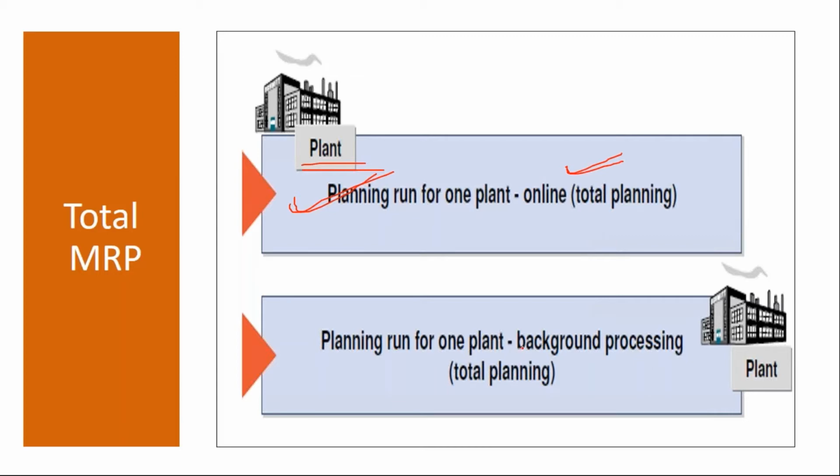And also the option is you can execute this MRP run at plant level as a background job. That means you schedule it as a background job, at a particular frequency and particular time. Accordingly, the system will automatically run it in the background. So you have two options. Either you can run it in the foreground or you can execute it as a background job.